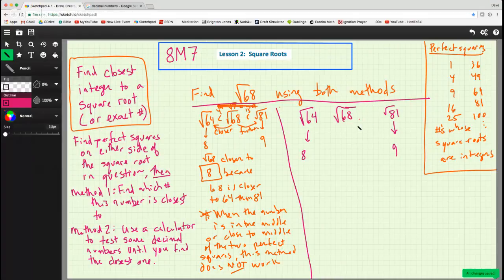On my calculator, I'm not going to use my square root button. If you can use the square root button, this is an easy thing, but we're going to do this without using a square root button.